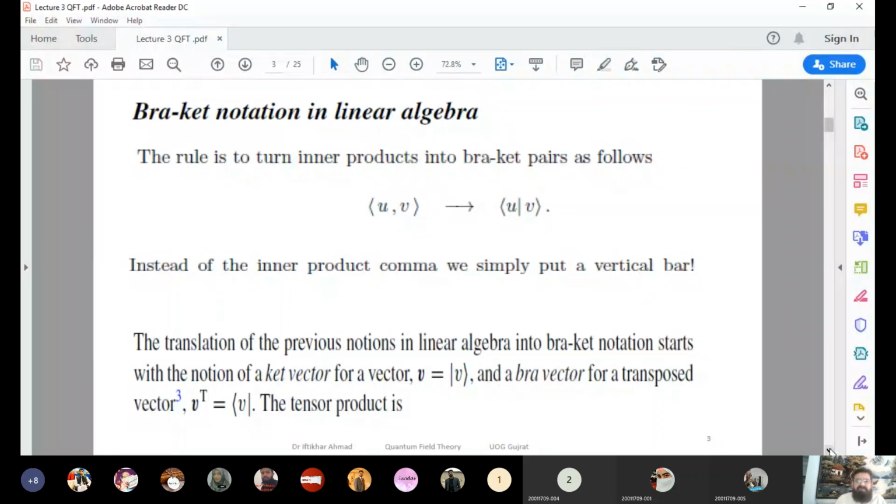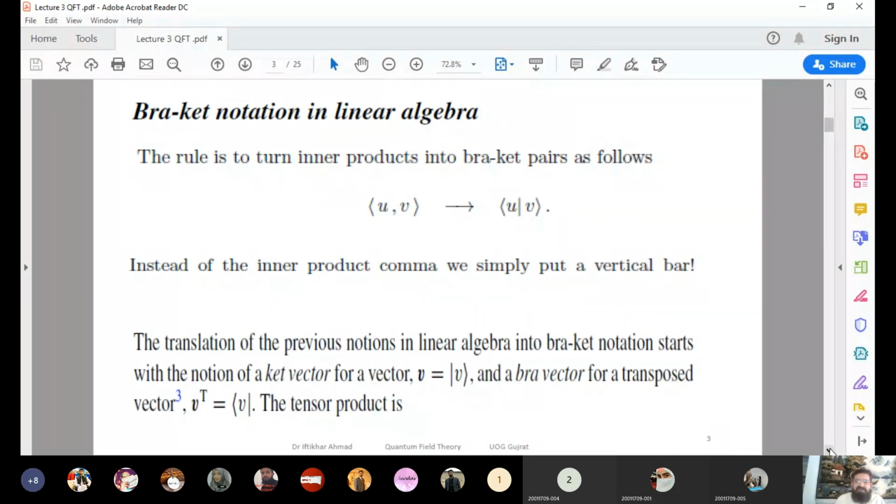The translation of the previous notation in linear algebra: if we start with Bra-Ket notation, we start with a ket vector, which is vector v. So |v> is written by putting the vertical bar before vector v and then the bracket.